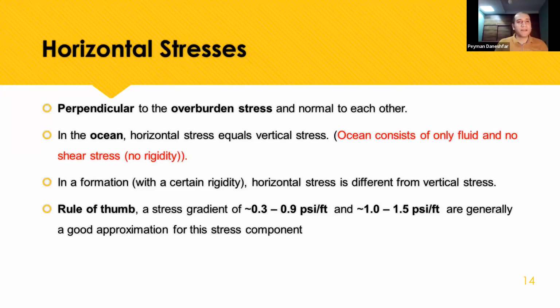The rule of thumb again: the stress gradient for the minimum horizontal stress is about 0.7 psi per foot, and the maximum is about 1.1 to 1.5 psi per foot, a good approximation for the stress component.